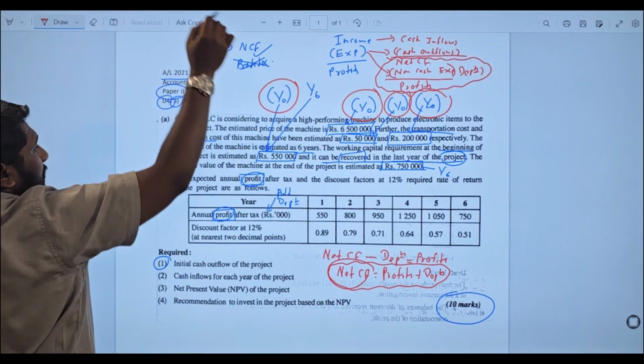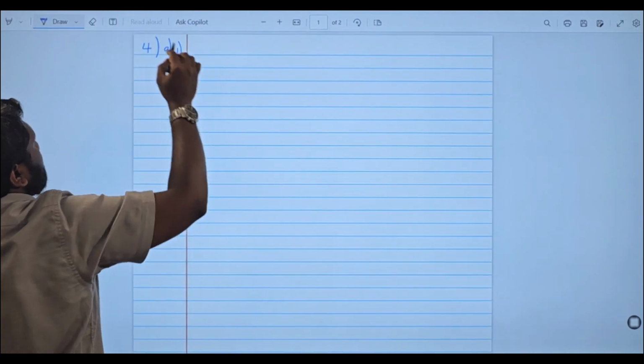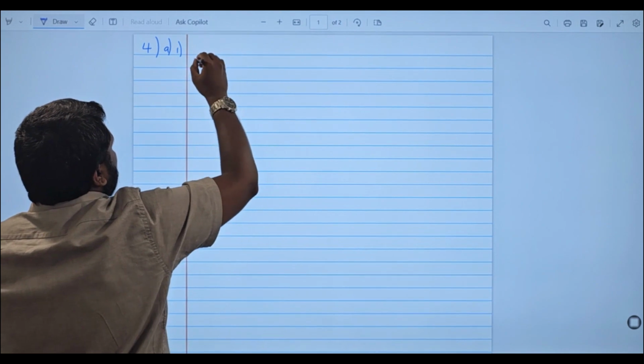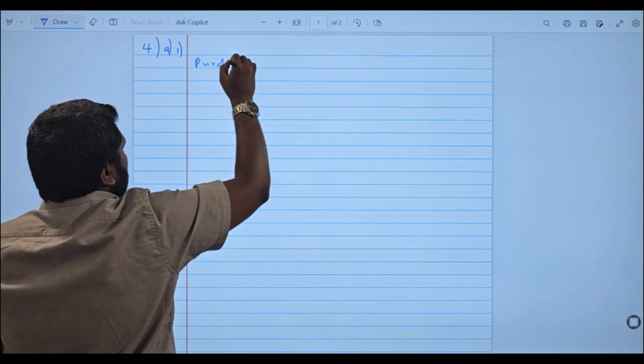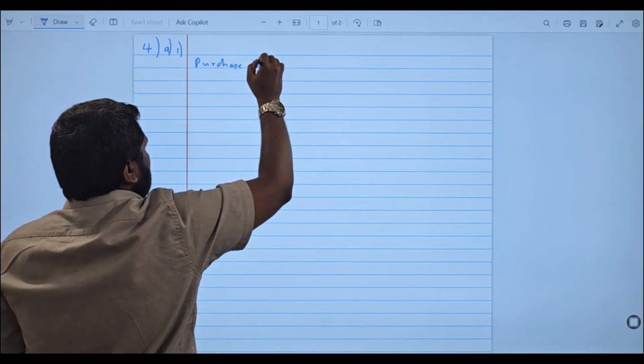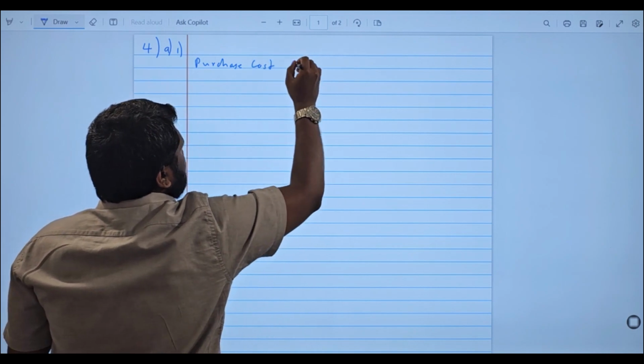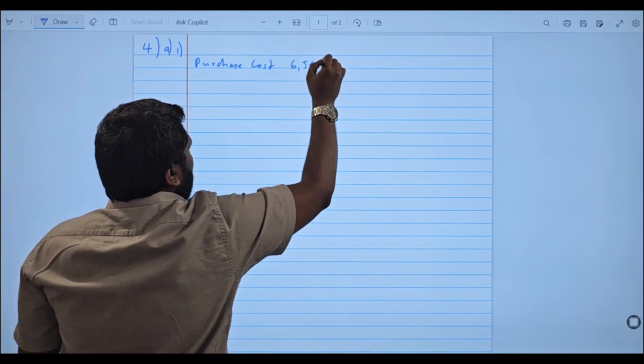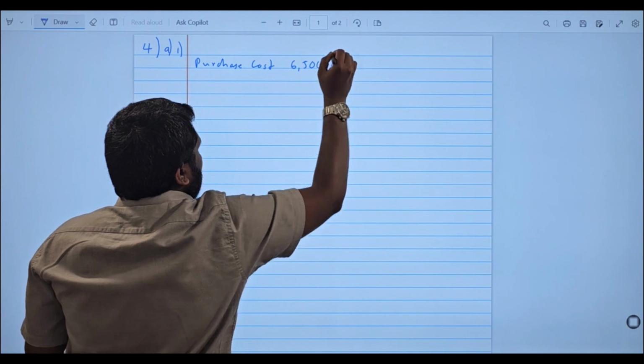First is the purchase cost of the asset, which is 6.5 million.